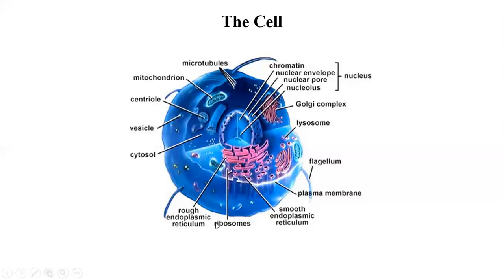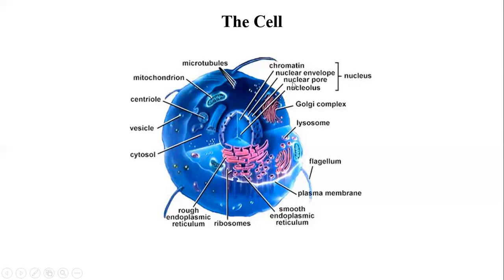In the same way, ribosomes are the protein factory, which means protein synthesis is basically done by the ribosome. So these are some functions of the organelles of the cell.